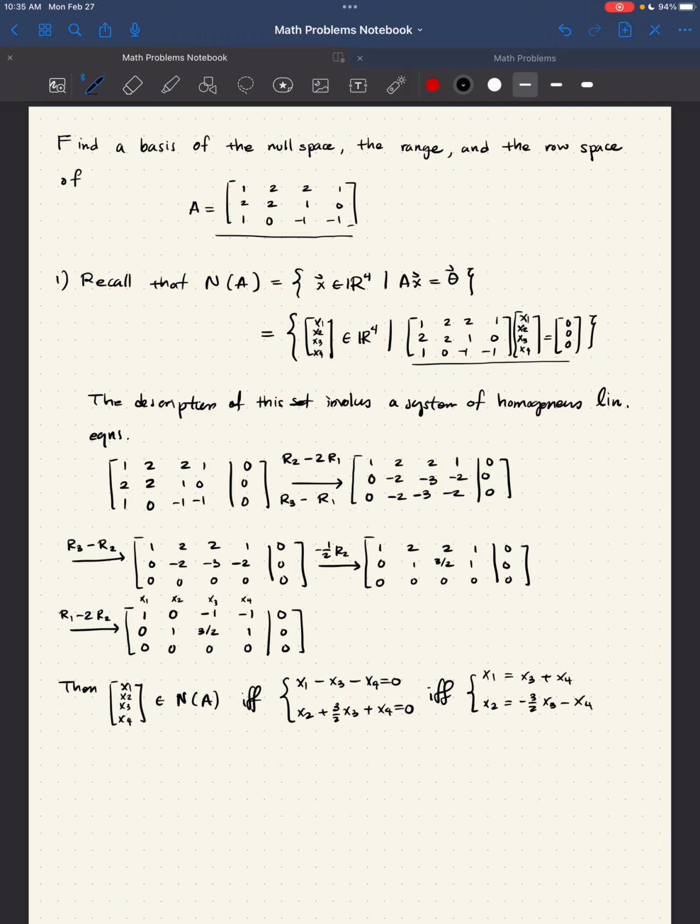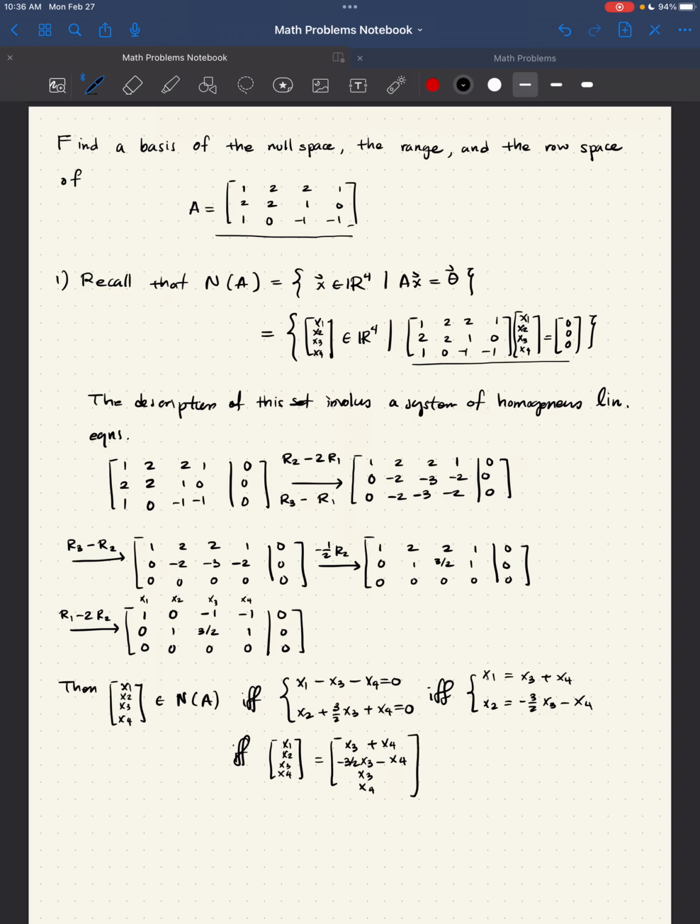This allows us to make a rewriting of the vector itself. So the vector should have the following format. It should be x1, x2, x3, x4. I can express both x1 and x2 in terms of only x3 and x4. So I'll incorporate that information here: x3 plus x4 for the first entry, then negative 3/2 of x3 minus x4 for the second, then x3 and x4.